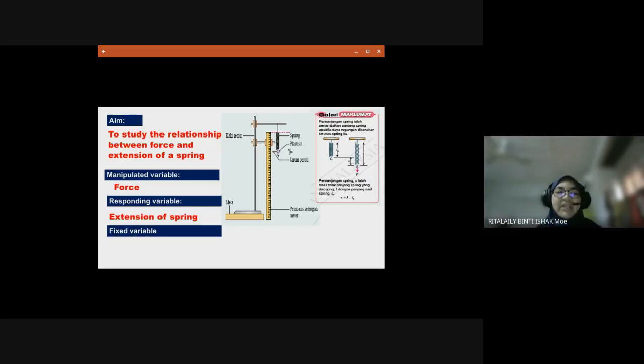Okay, so what would be the fixed variable? Fatana, what must be fixed? What should be fixed? Okay, we manipulate the force, the extension of the spring will be responding.